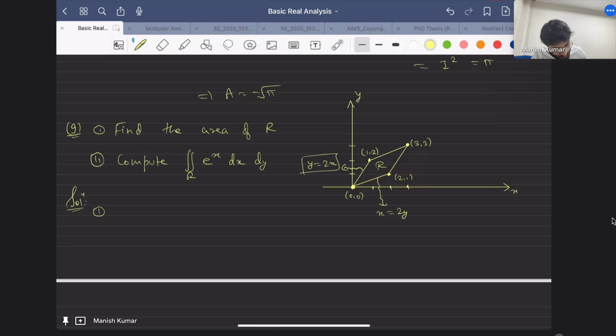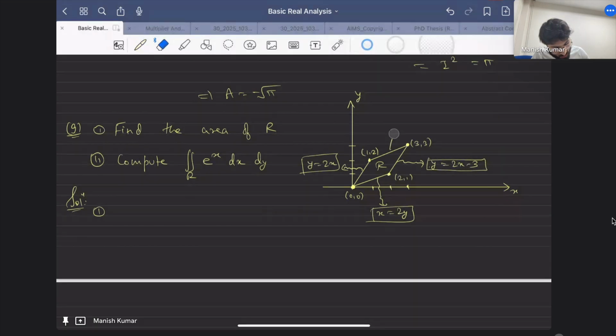Okay, what about this one? This is y minus 1 upon 2 equals x minus 2 upon 1. So this gives you y equals 2x minus 4 plus 1, which is minus 3, right? So this is y equals 2x minus 3. Okay, what about this one?